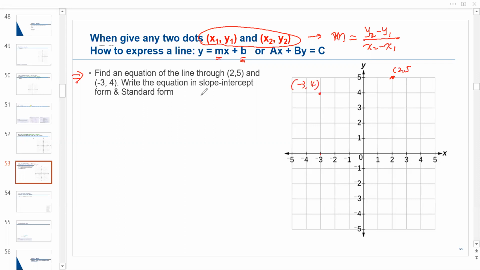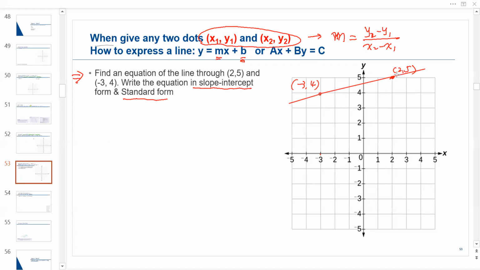Find the slope-intercept format and the standard format of this linear line. Can you guys take your notebook out, find their slope, and find their Y-intercept.